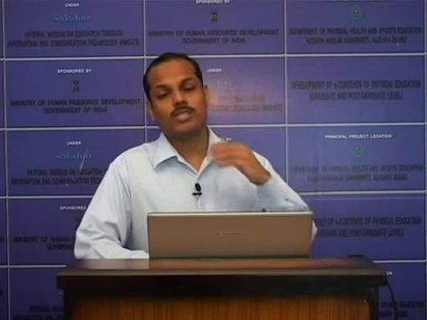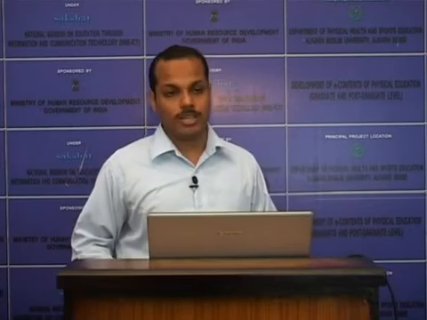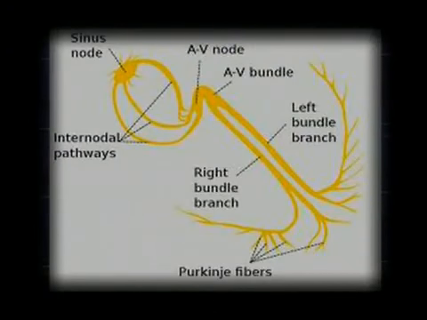And there are conducting cells, called internodal pathways, that interconnect the SA node and AV node, and they distribute the stimulus through the myocardium. In the ventricle there are the AV bundle and bundle branches. AV bundle is also called bundle of His, and this is the only electrical connection between atria and ventricle, and it carries the right and left bundle branches.